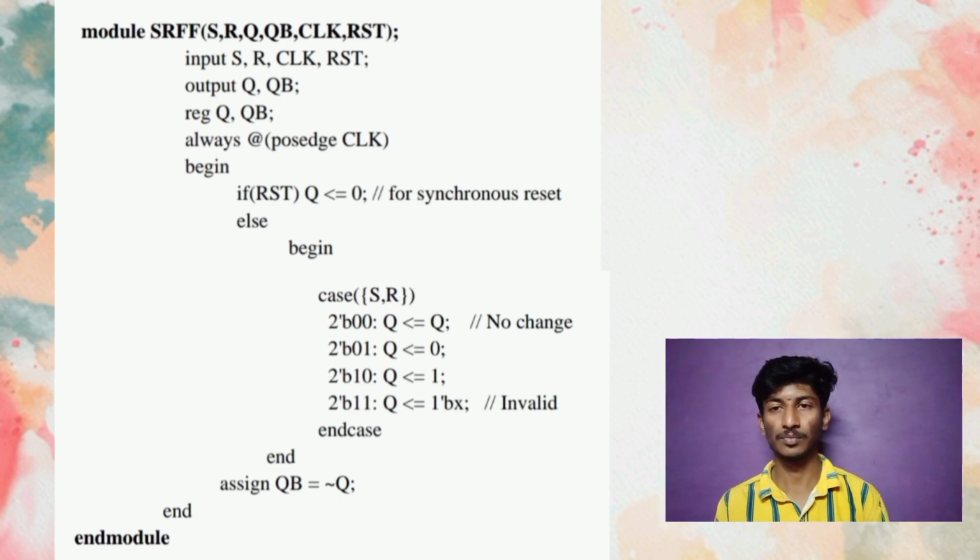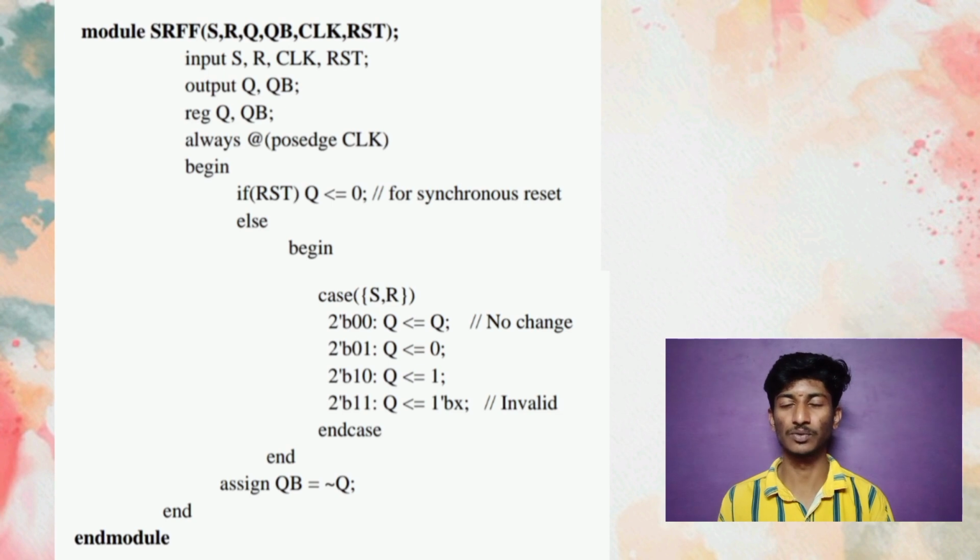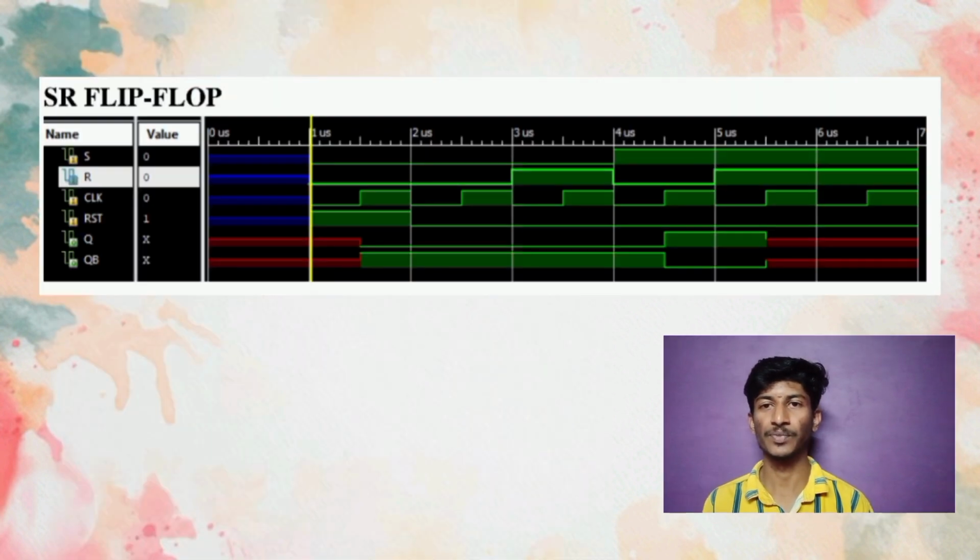And when we provide both inputs as 1, we all know that is an invalid input. This is the code assigning Q bar to the QB. Let's move to the output. Here we can observe R is 0, clock is 0 and reset is 1. Here we can observe the whole output for this code.